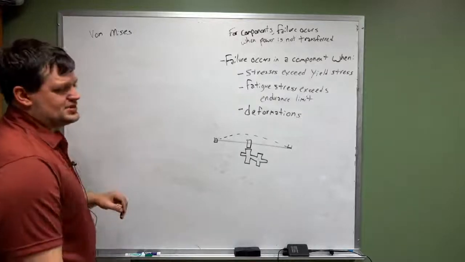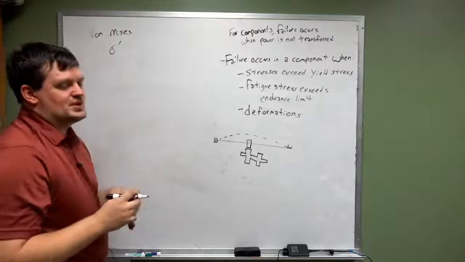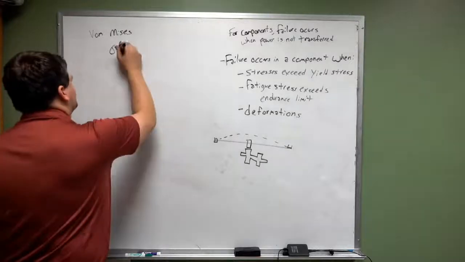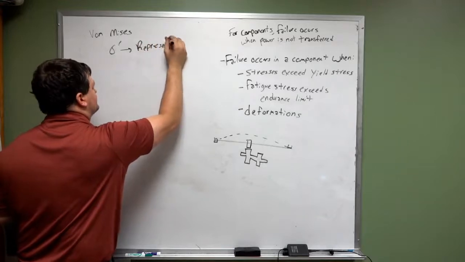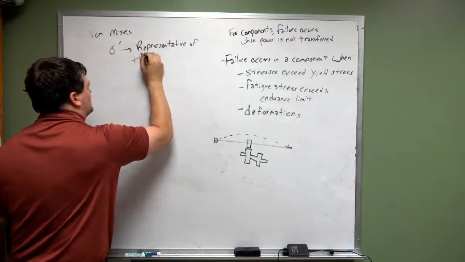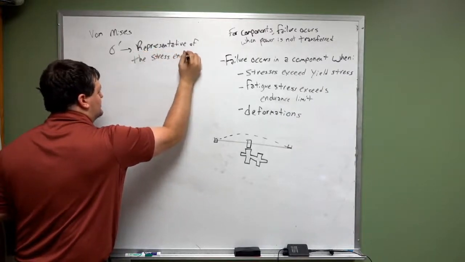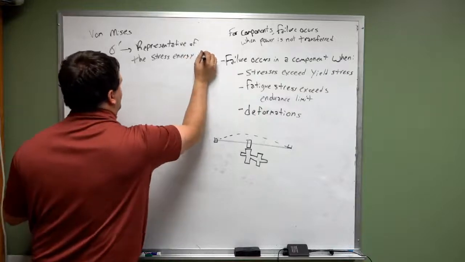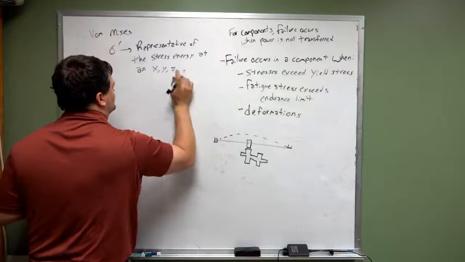But a von Mises stress, the idea behind a von Mises stress is it's represented by a sigma prime, and this is a representative of the stress energy at an X, Y, Z location.